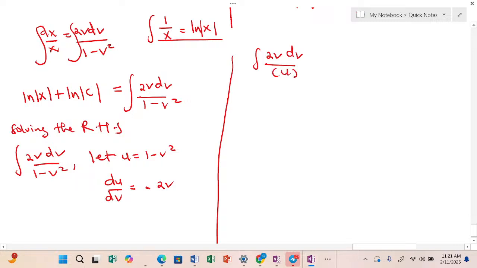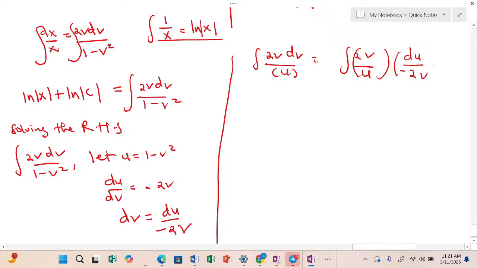But mind you, dv from this part is now equal to du over negative 2v. So we effect that here, and we get the integral of 2v over u times du over negative 2v.